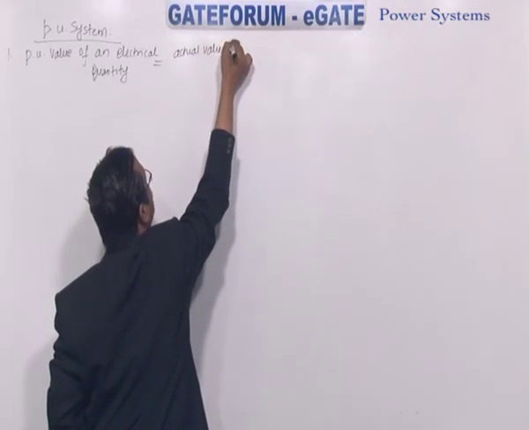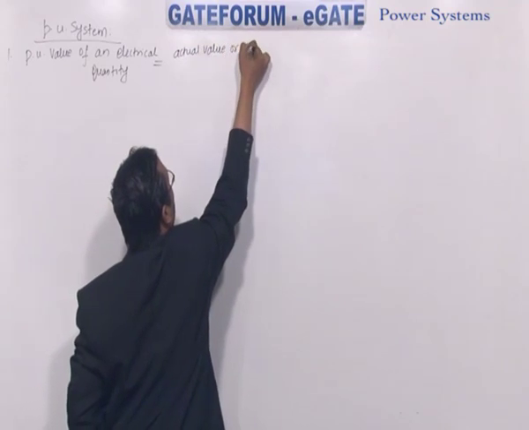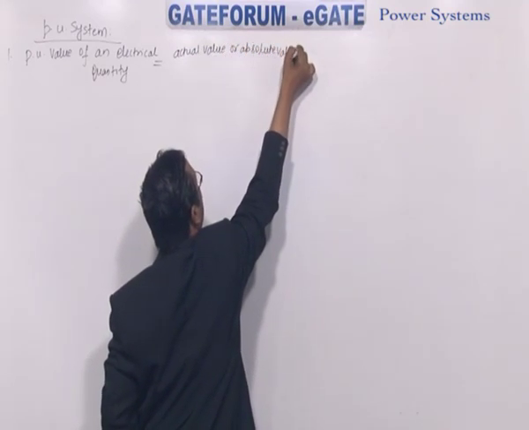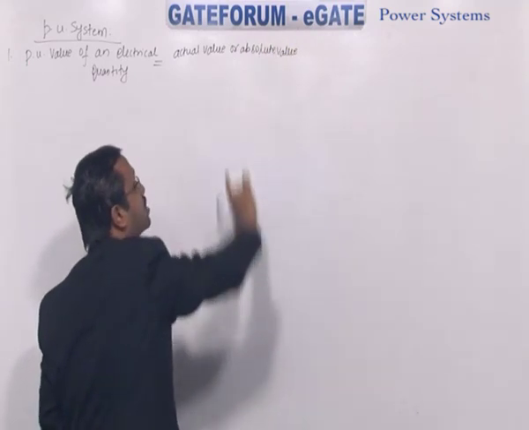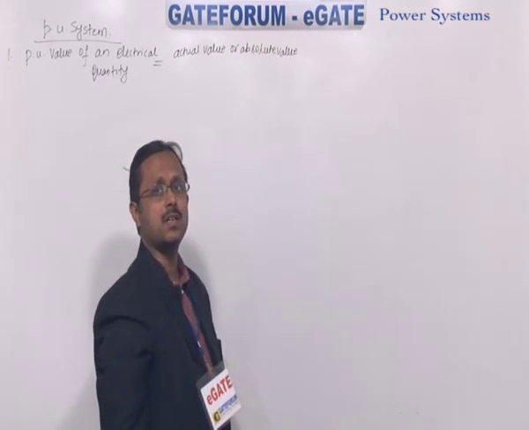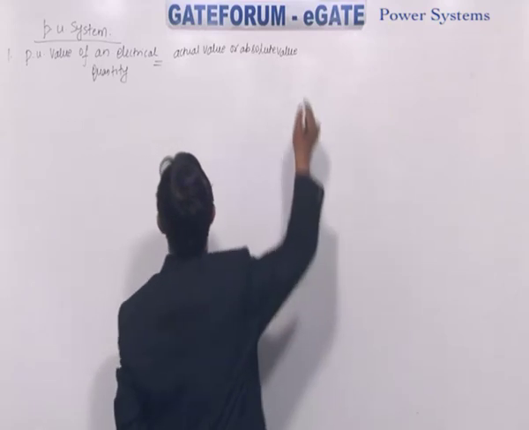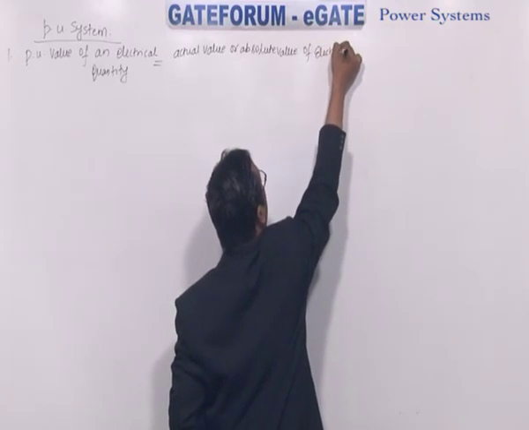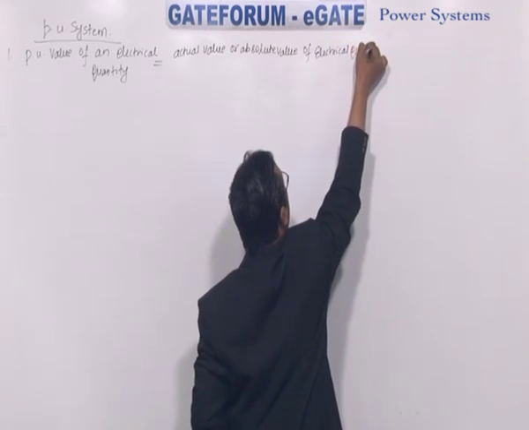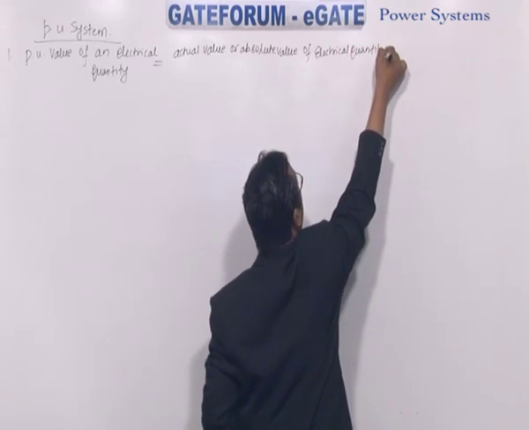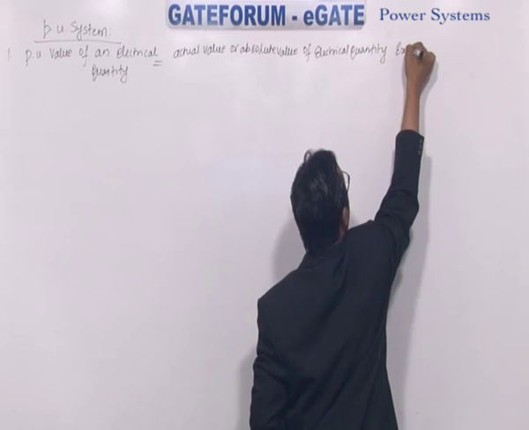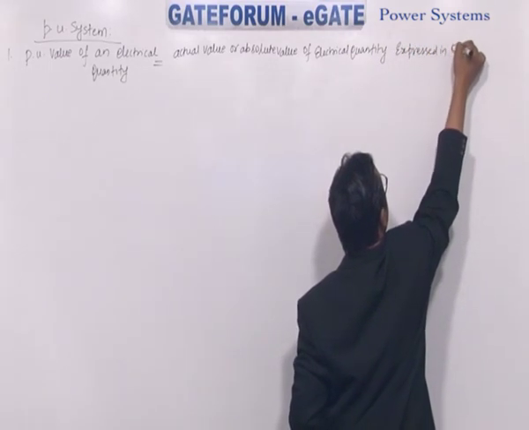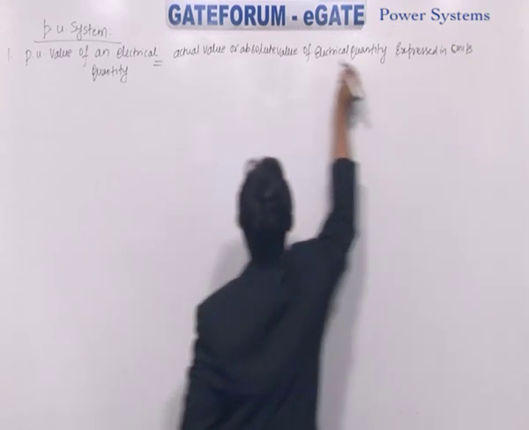It is actual value, or you say the absolute value. So the feature of the absolute system is included. Absolute system of the electrical quantity expressed in units.